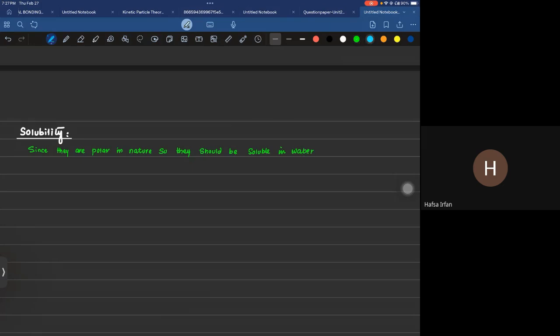And the second thing is that they form hydrogen bond with water.